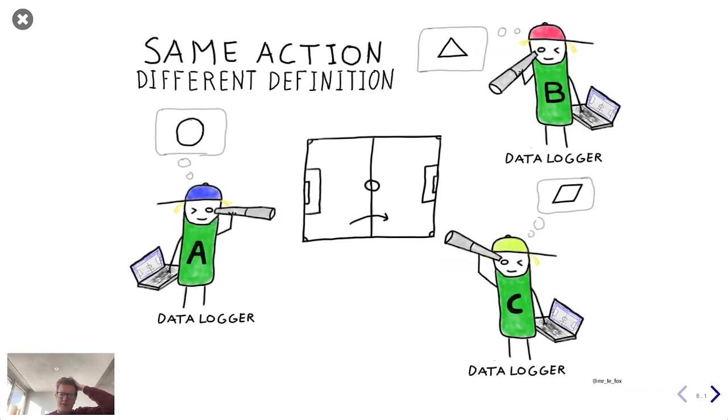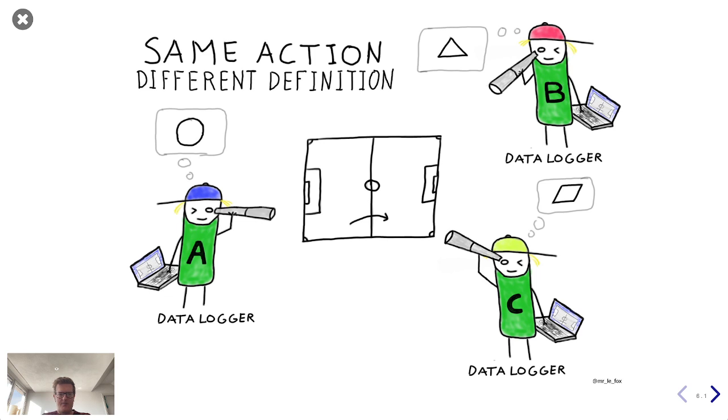But let's have a look at some nice pictures I drew a while ago. So what actually happens, multiple vendors can watch the same match and have their own definitions for the events and also for the coordinates of those actions.